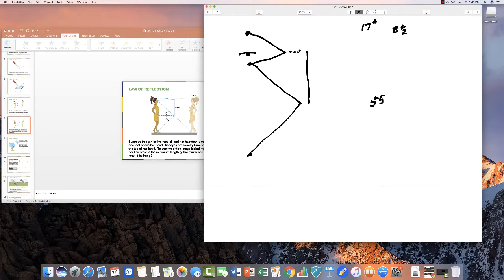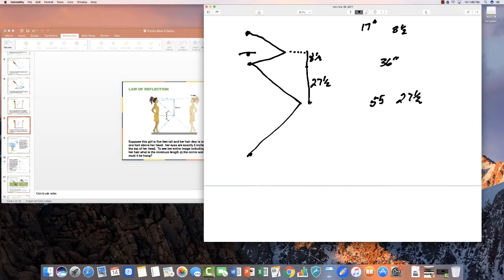And this point is going to be exactly 8.5 inches above the eyes. And half of this is 27.5 inches. So the distance from the eyes down to here has to be 27.5 inches. So this is 27.5 and this is 8.5. So the total length of the mirror has to be the sum of those, or 36 inches.